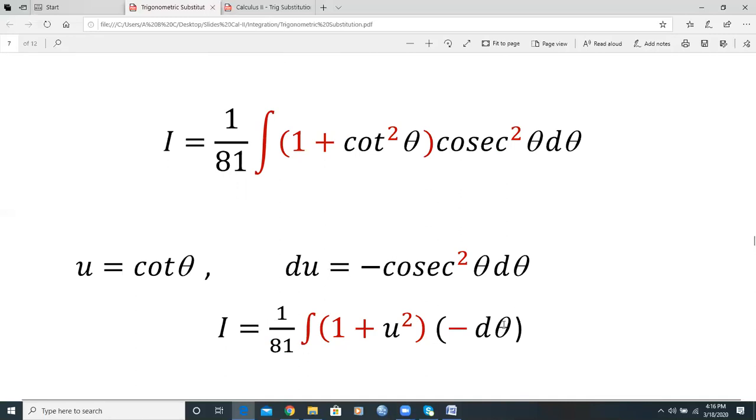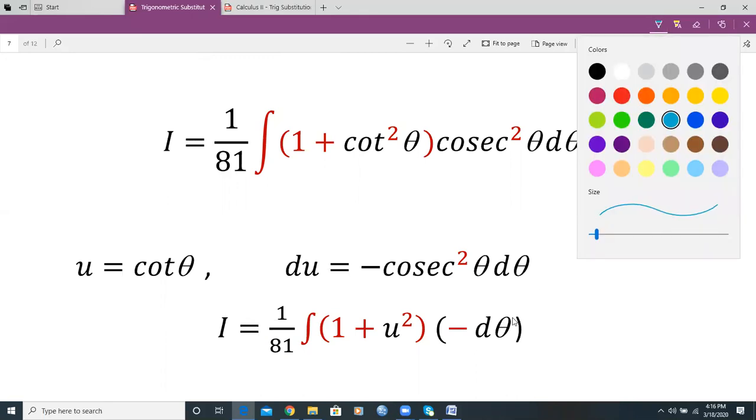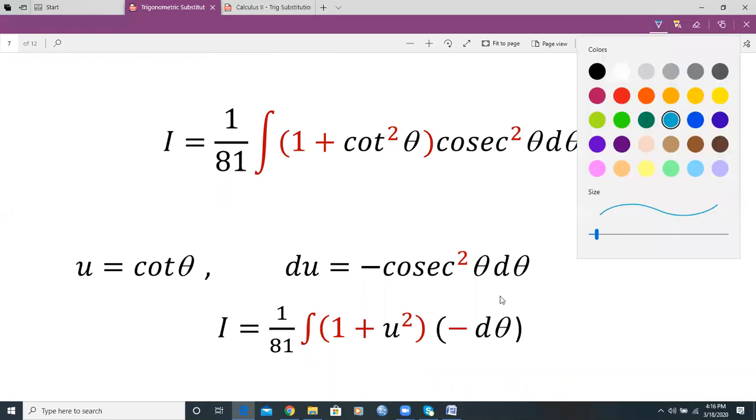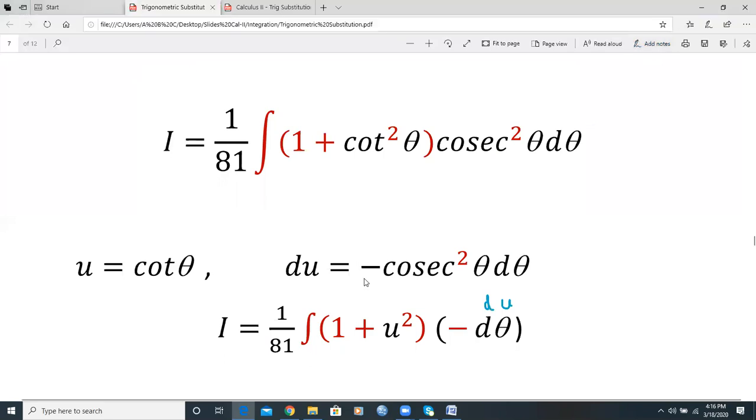Okay, let me write it down here. This is a typing error. This is du.